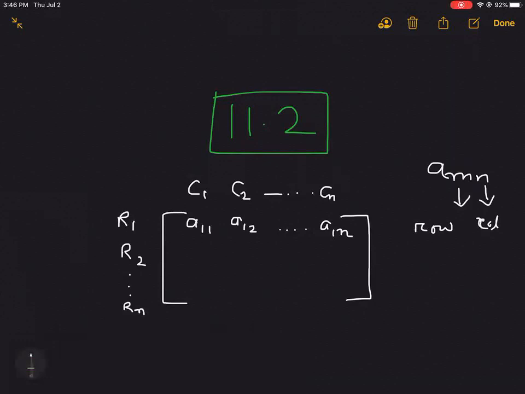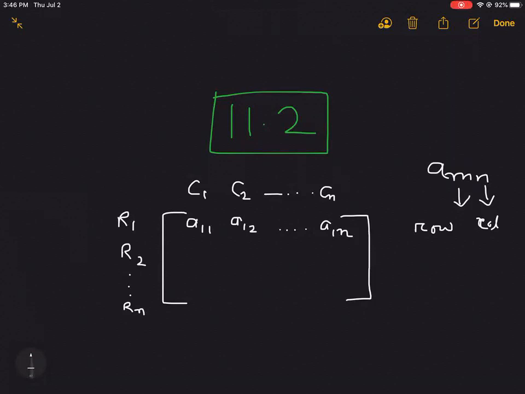So from this type of formation, we want to see some properties of matrices, and we want to know how can we relate a matrix with a system of linear equation, okay?